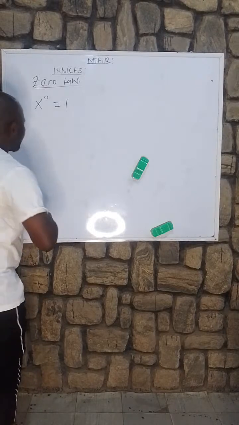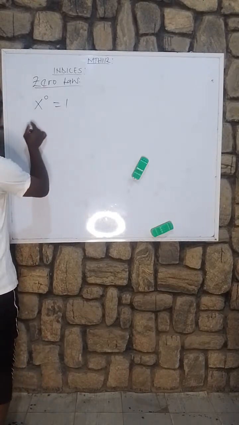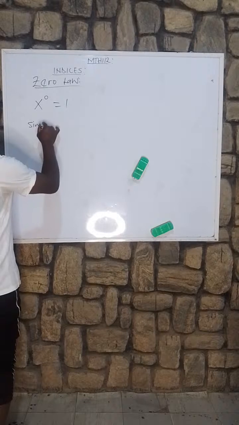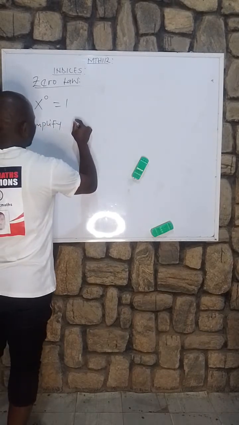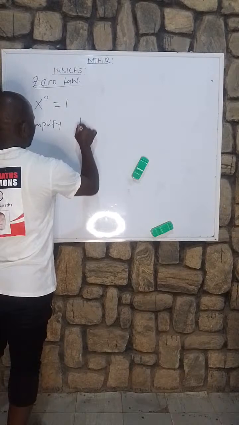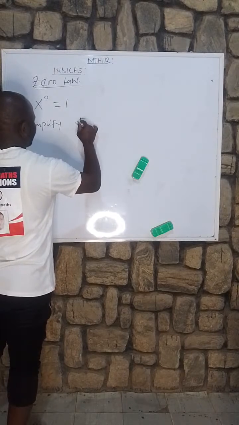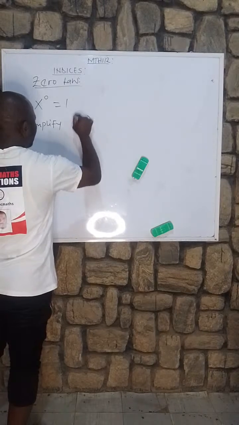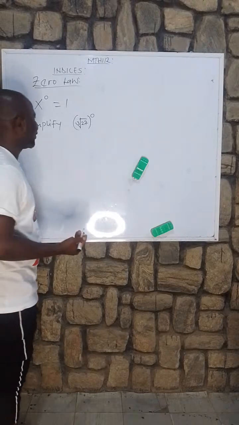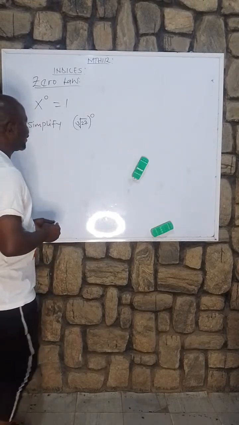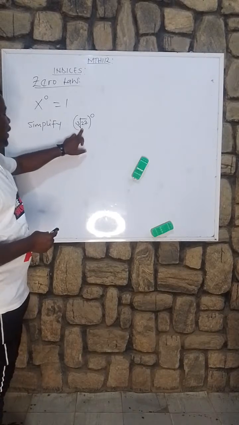Take note. So assuming you are asked to simplify the cube root of 27, close bracket, raised to power 0. You don't need a prophet to tell you. Don't be panicked with what is inside here.